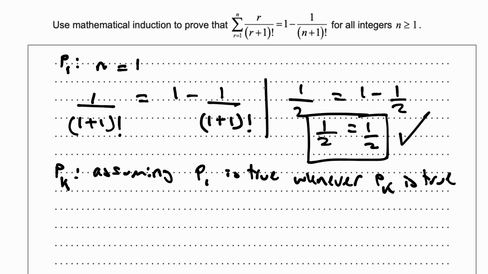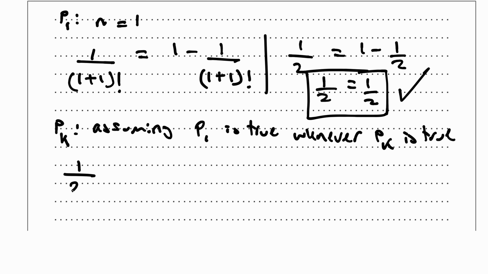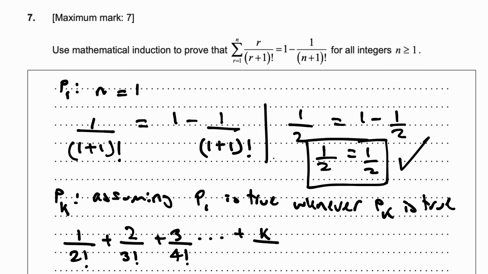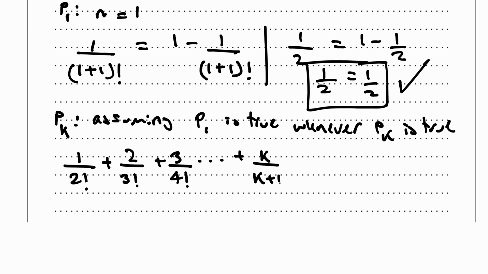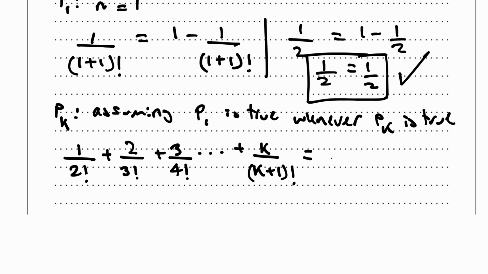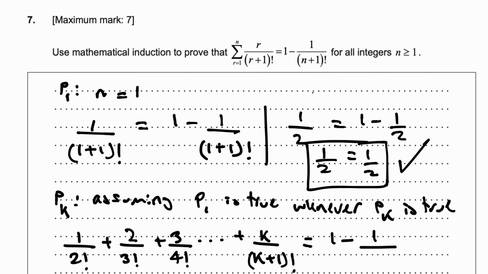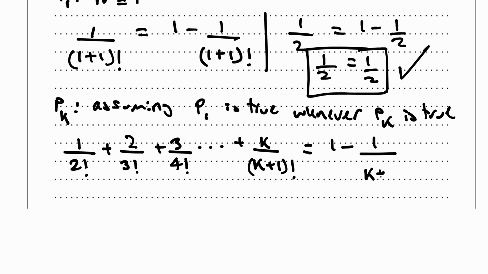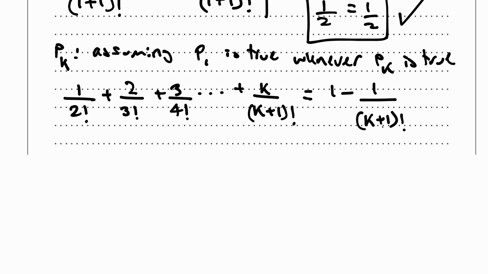So let's start from 1. 1 over 2 factorial plus 2 over 3 factorial plus 3 over 4 factorial all the way till k over (k plus 1) factorial. And that is equal to 1 minus 1 over (k plus 1) factorial. This is our P(k).